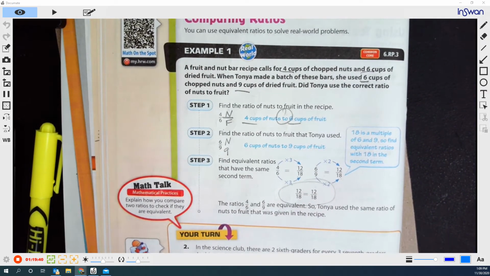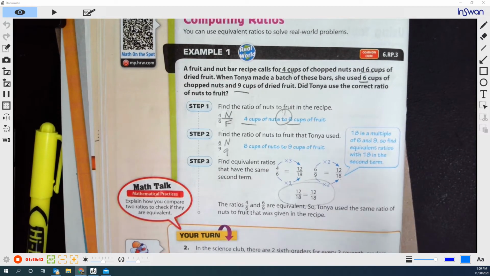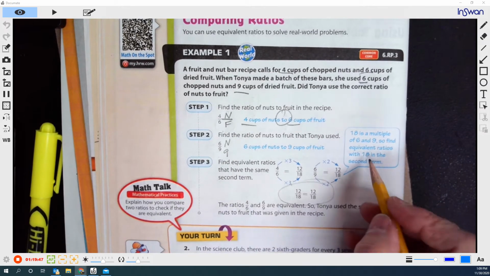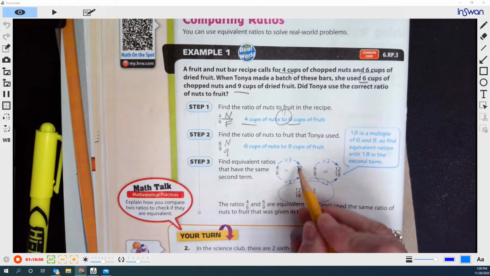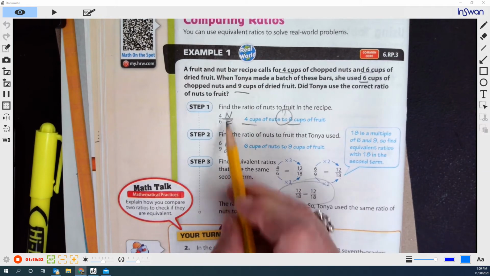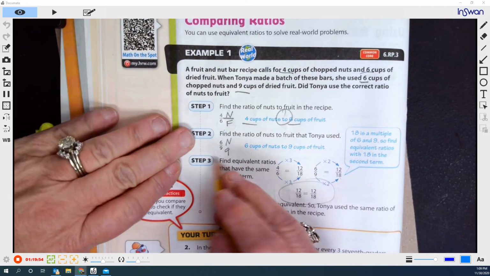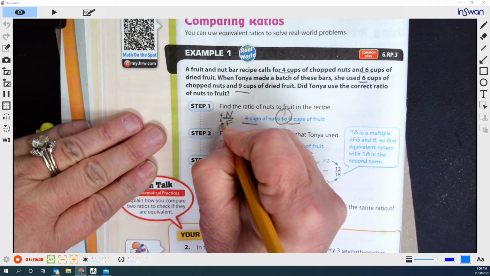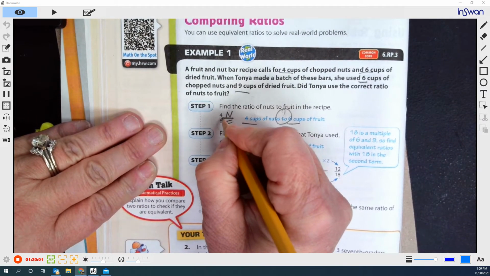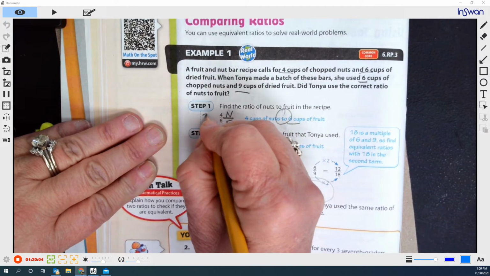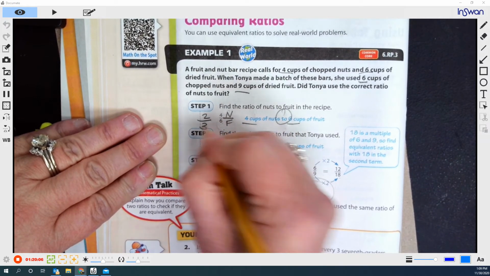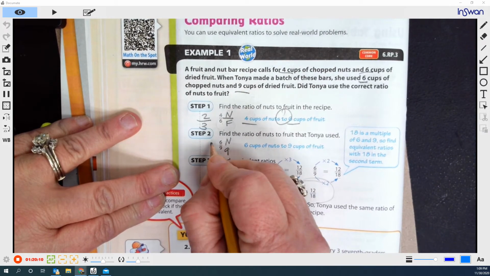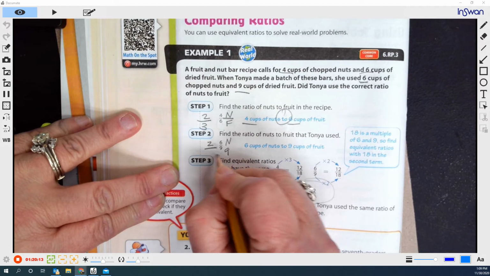Now, I want to show you another way. When you look at the common multiples and the ratios, you can multiply up to get the common ratios, but in this instance, you could also simplify 4 to 6 and 6 to 9. 4 and 6 have a common factor of 2. 2 goes into 4 2 times, 2 goes into 6 3 times, and 6 and 9 have 3 as a common factor. 3 goes into 6 2 times, and 3 goes into 9 3 times.